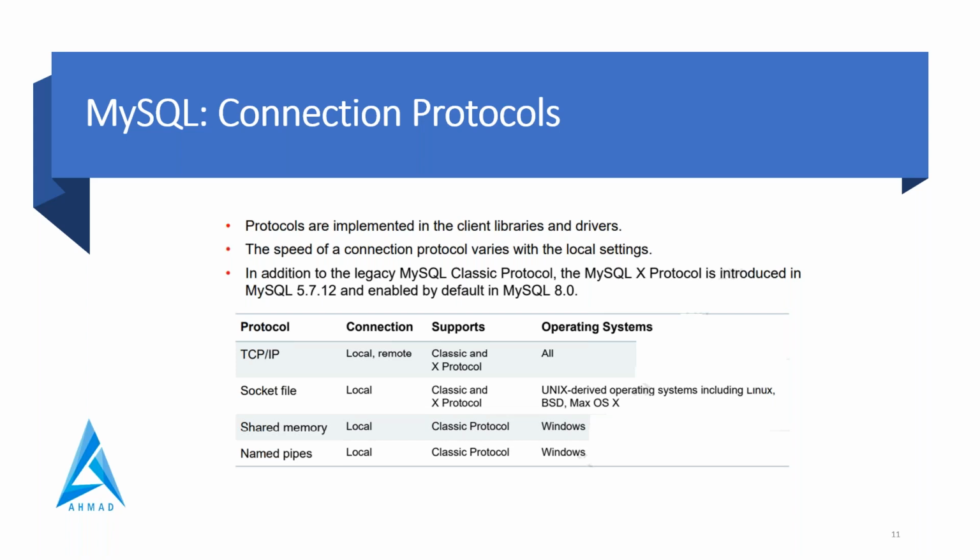For TCP/IP, the operating system can be any, but socket is for Linux and Mac OS. Shared memory and named pipes are for Windows.